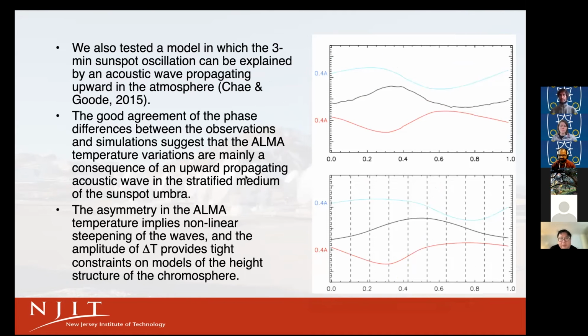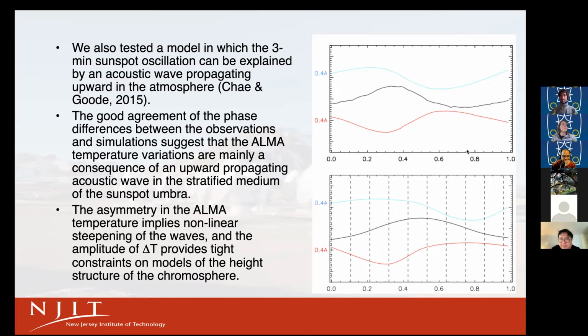We also test a model in which a 3-minute oscillation can be explained by the acoustic wave propagating upward. This figure shows the observation at the top and the simulation at the bottom. In this case, I generate several perturbed models, assuming a Gaussian impulse at 300 kilometers in this model, and put that perturbed model into the RH code to see what we can find from this temperature profile purely from simulation.